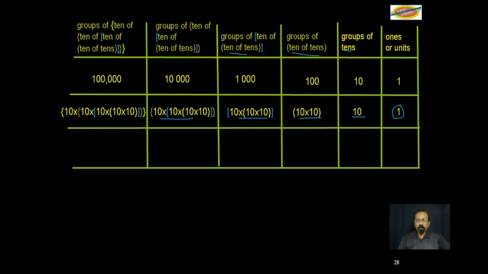There is a different way we learned in the last video that we can write these numbers. For example, 10 by 10 can be written as 10 to the second power, and 10 by 10 by 10 as 10 to the third power, and so on, 10 to the fourth power, 10 to the fifth power.